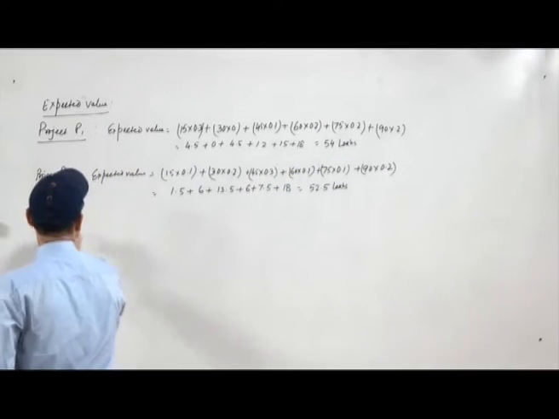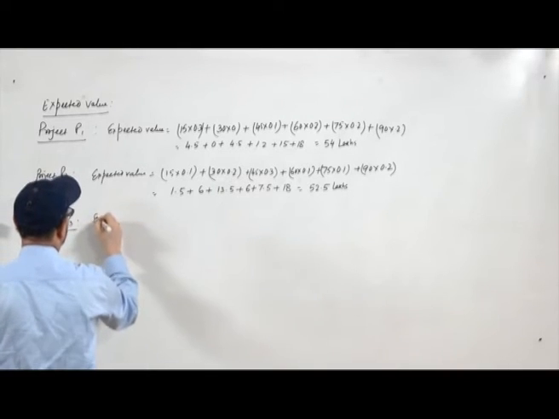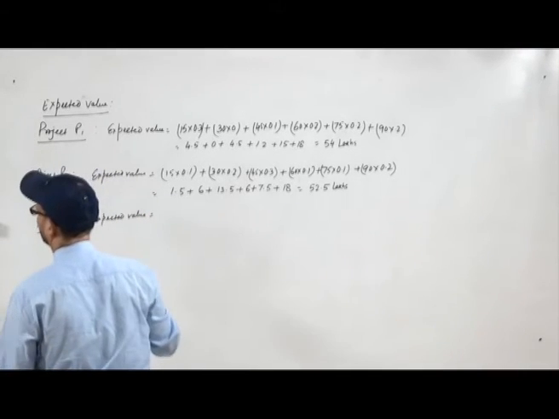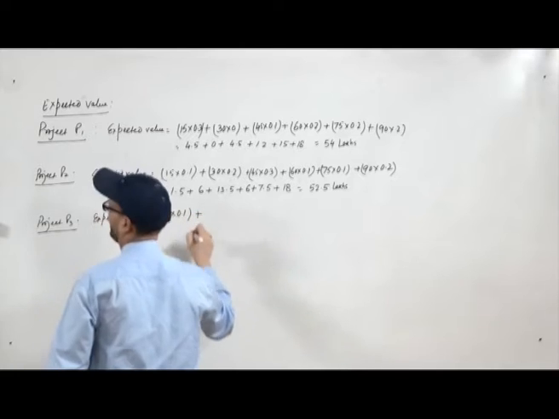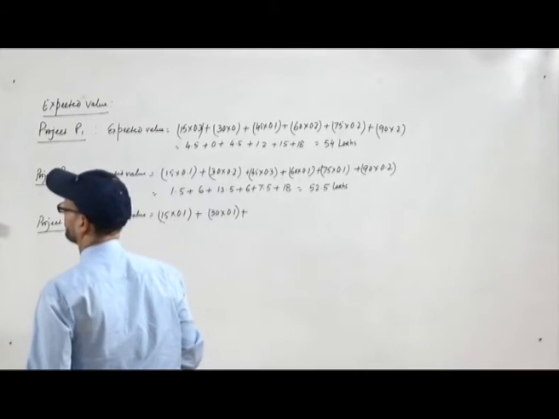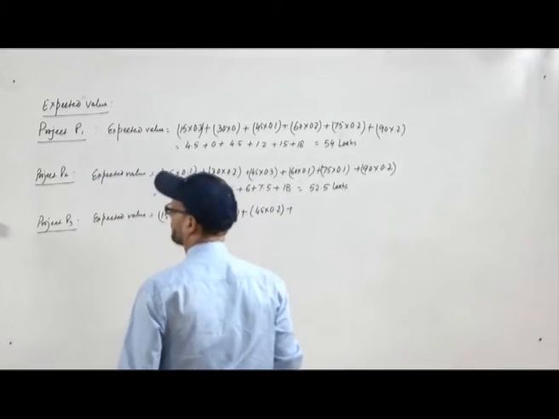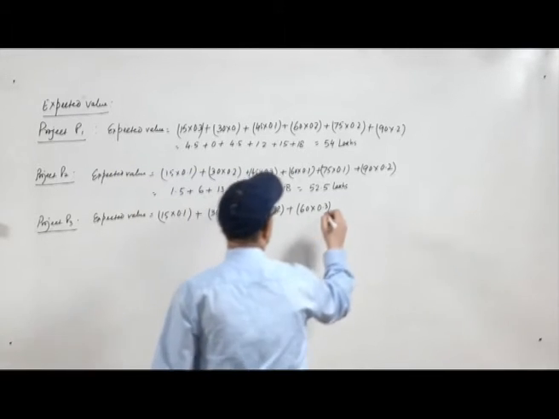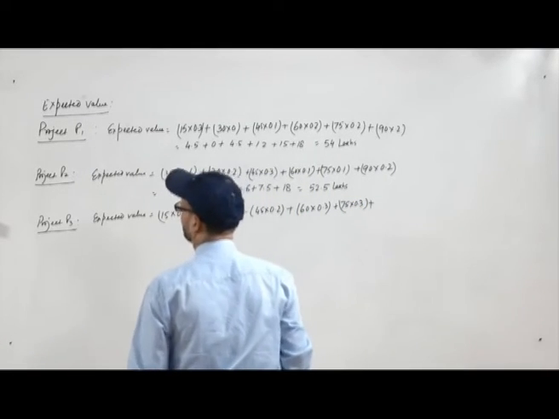Let us go to project 3. For that the expected value will be 15 multiplied by 0.1 plus 30 multiplied by 0.1 plus 45 multiplied by 0.2 plus 60 multiplied by 0.3 plus 75 multiplied by 0.3 plus 90 multiplied by 0.